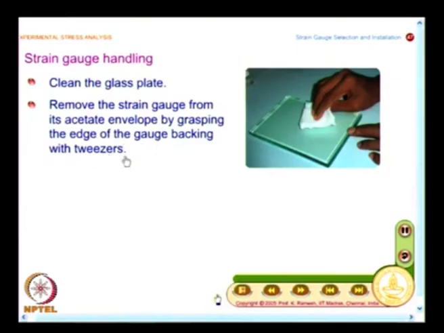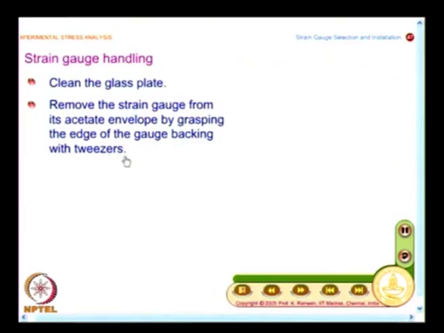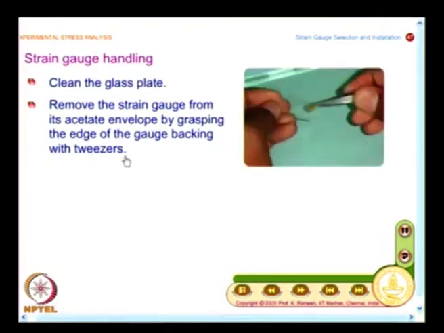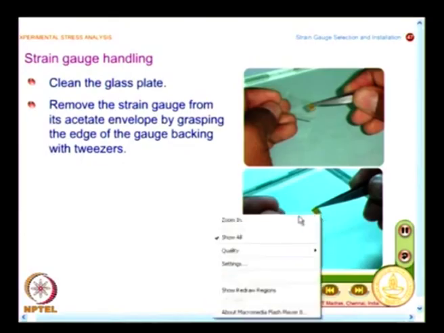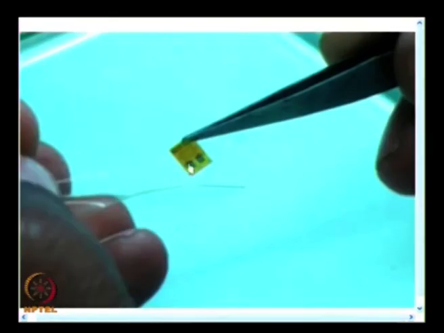You do not handle it with bare hands, you take it out with tweezers, that is what is mentioned here. We will have a closer look, and you can see the grid pattern here, and this is holding only a corner of it.